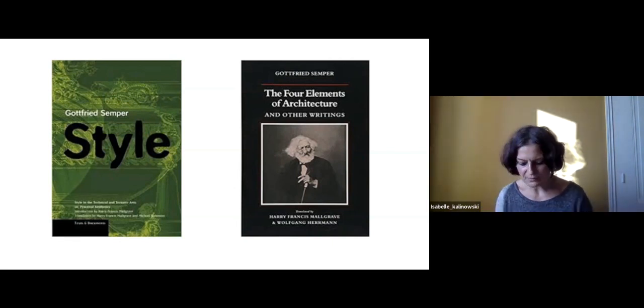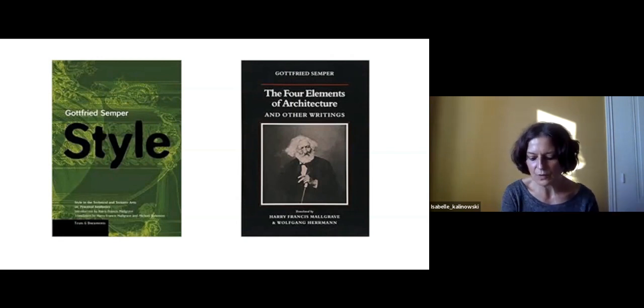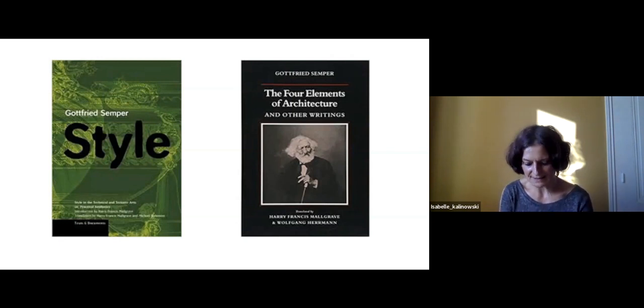And I'll be quoting from this translation, as well as Mallgrave's earlier translation of The Four Elements of Architecture and Other Essays, published in 1989. I'm currently preparing with my French colleague Estelle Thibault a translation of Semper's Style into French, as Matteo said, and it's quite a long way.